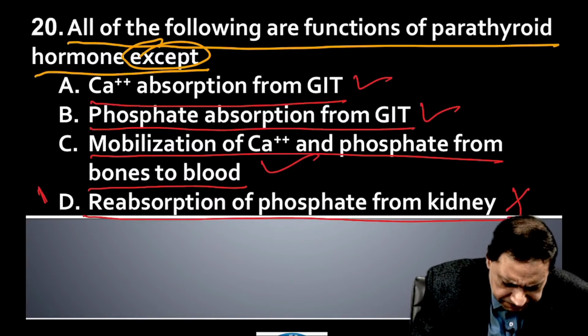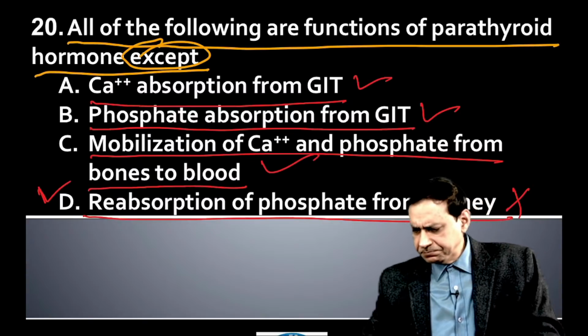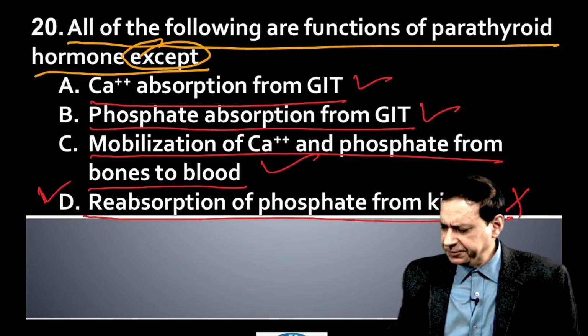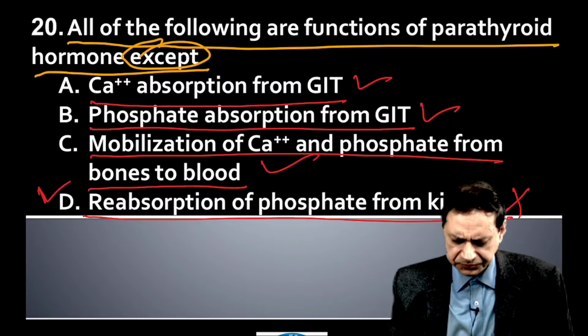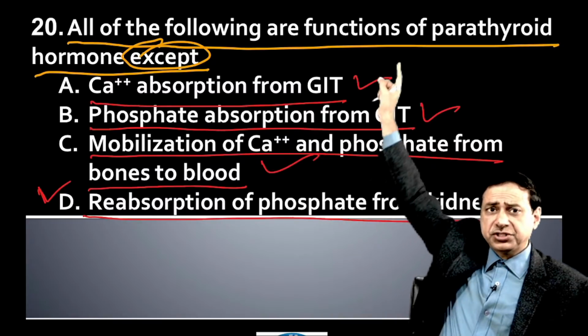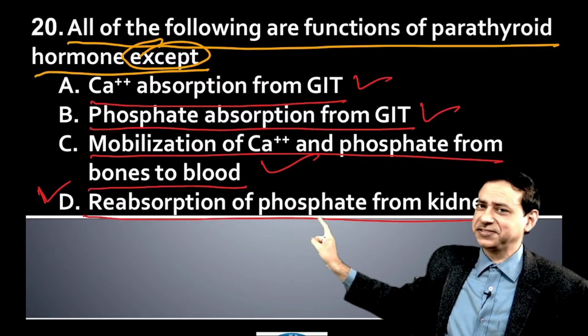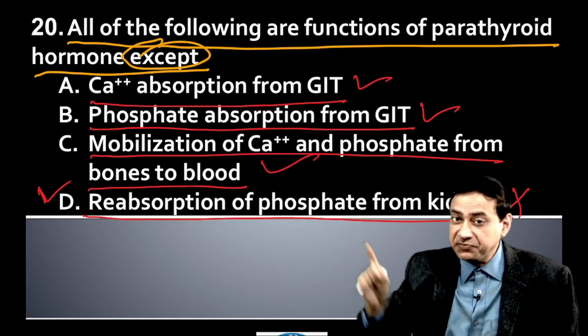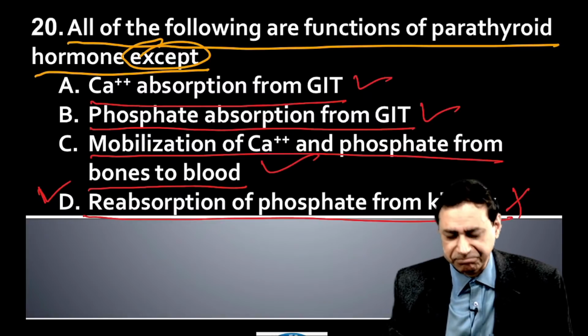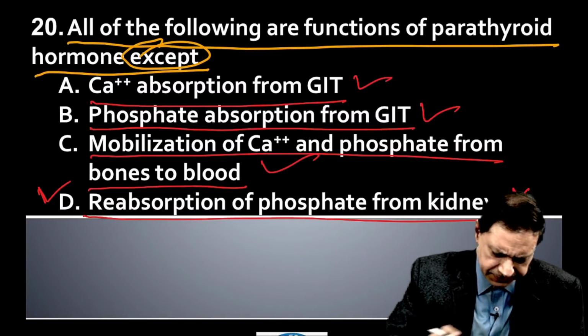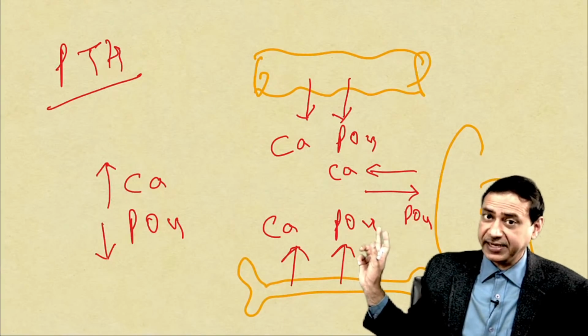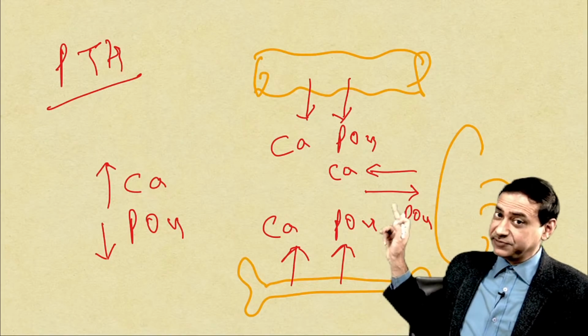This is the answer. So all of the following are functions of parathyroid hormone except this. This is not the function. PTH will excrete phosphate in kidney. Just try to remember the actions of PTH. Don't forget this phosphaturic action.